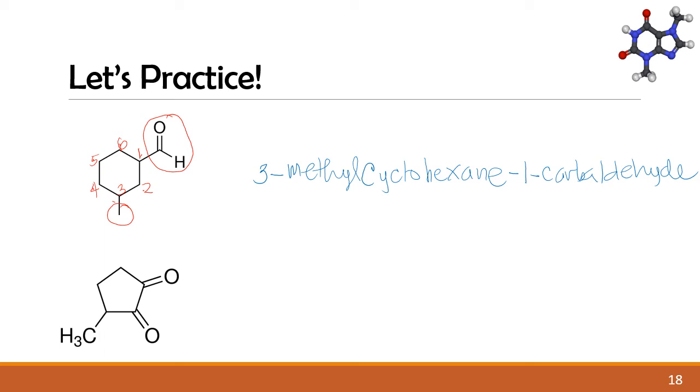Our next compound is also a cycloalkane with 1, 2, 3, 4, 5 carbons. A 5-carbon cycloalkane is called cyclopentane.